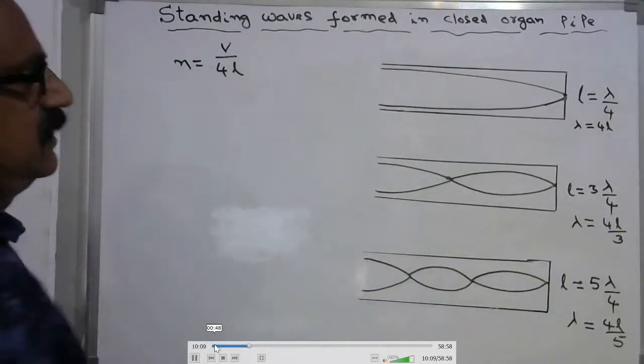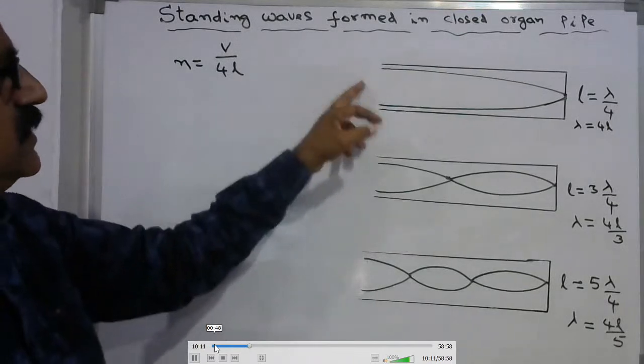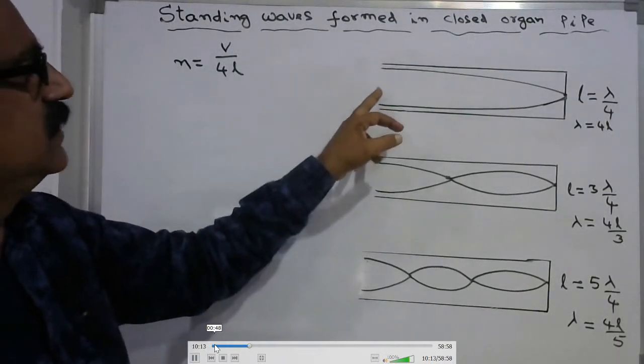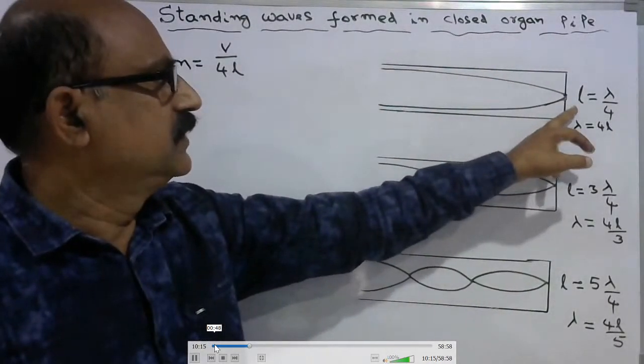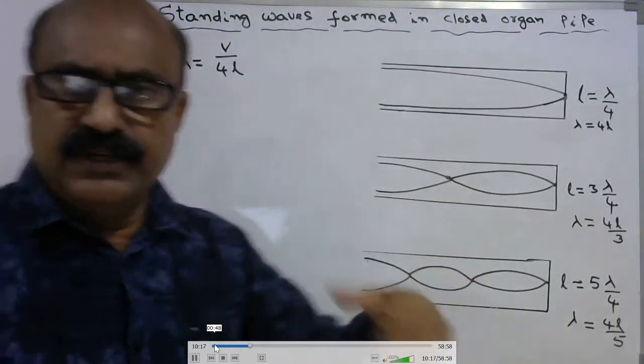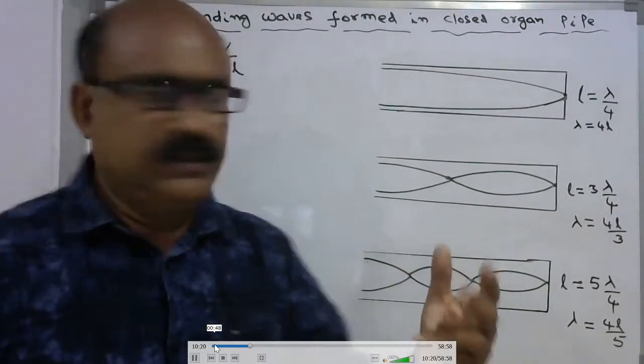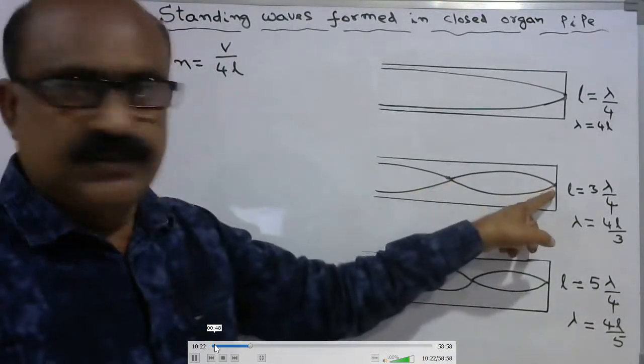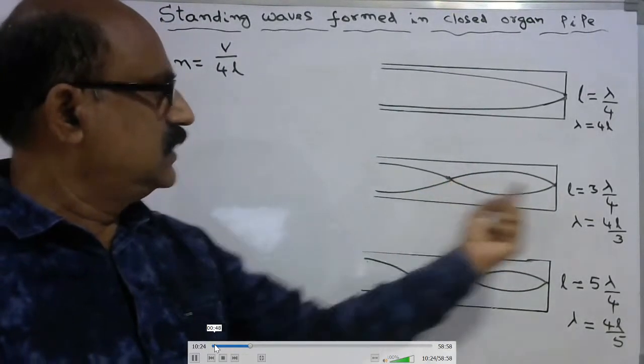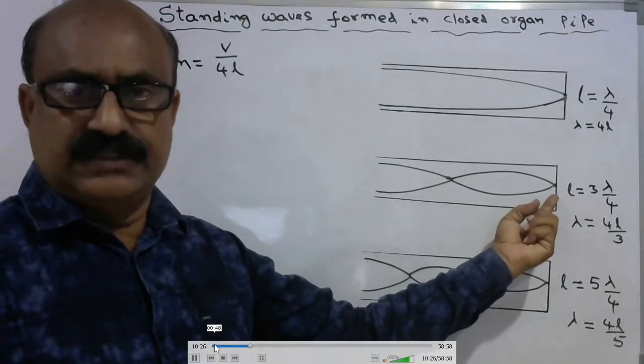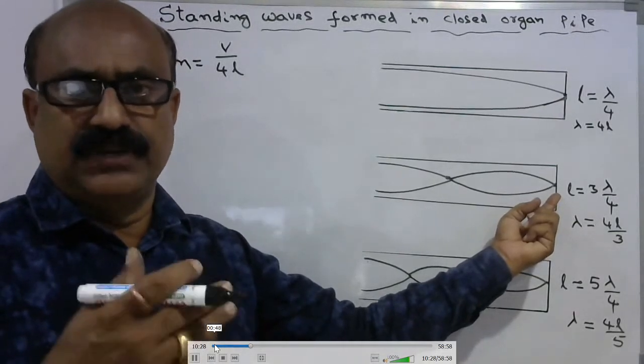In this case, there is one antinode and one node. In the immediate second mode of vibration, there are two nodes. This is one node and this is another node. There is a second possibility with which it can vibrate.